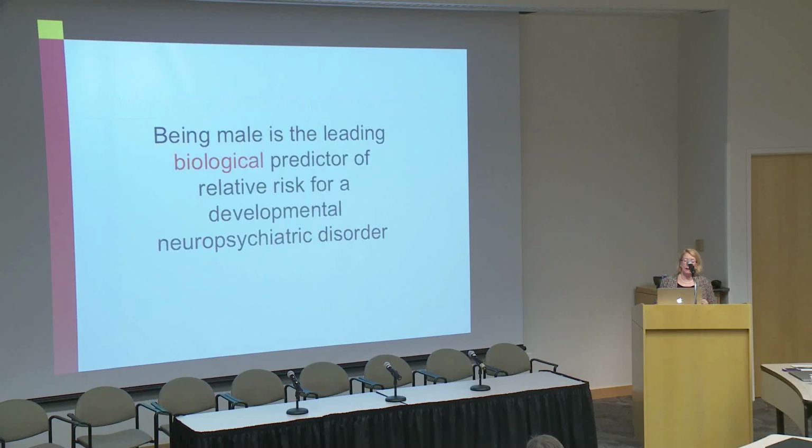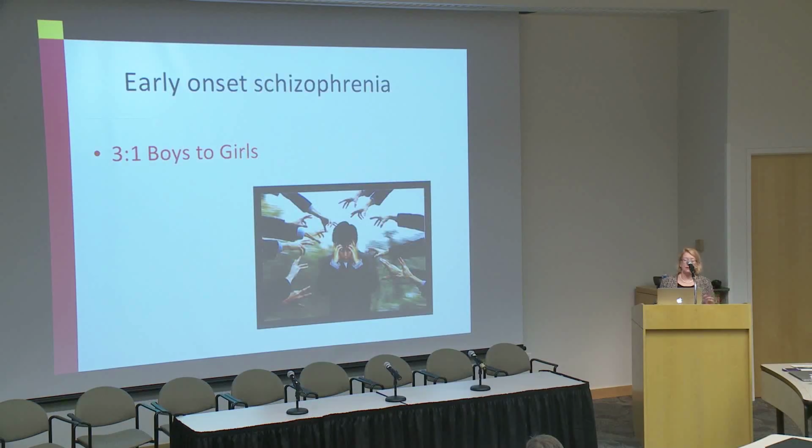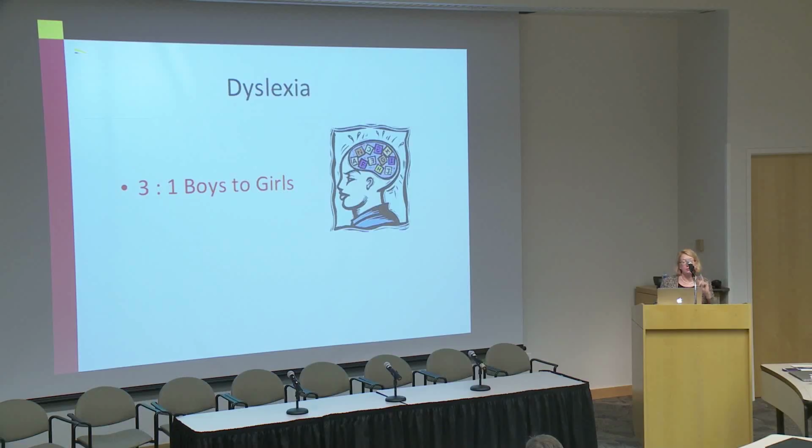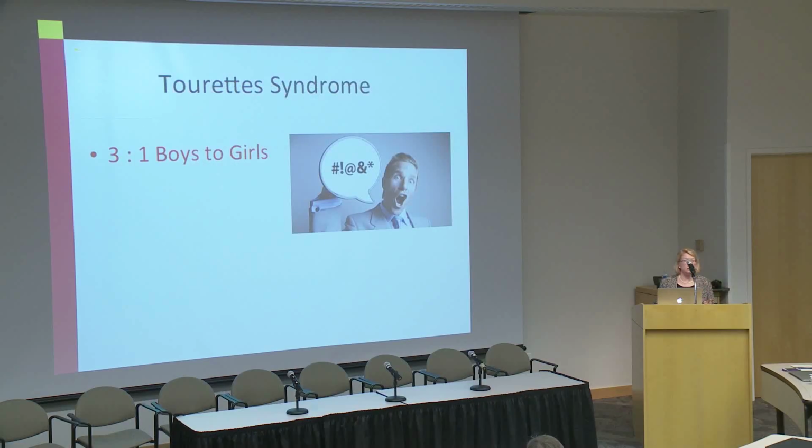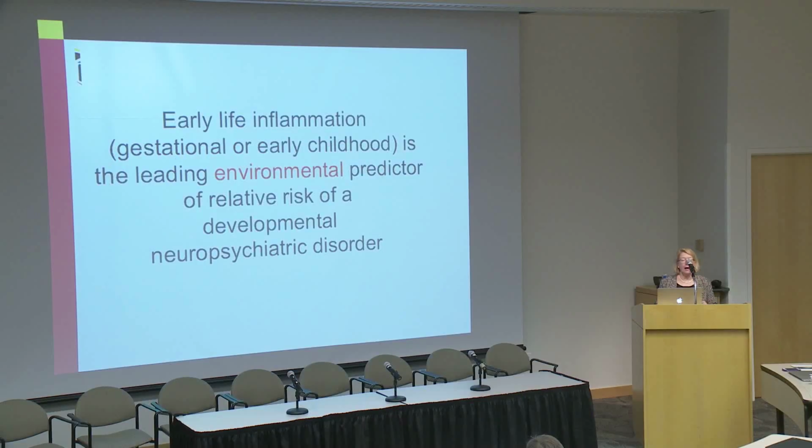So why might this be interesting? Just big picture idea, being male, as we've been learning about all day, is the leading biological predictor of your relative risk for developmental neuropsychiatric disorders such as autism, early onset schizophrenia, but also neurological disorders like dyslexia, attention deficit, stuttering, Tourette's, all kinds of disorders of wiring. And also early life inflammation, in gestation or early childhood, is the leading environmental predictor of your relative risk of a developmental neuropsychiatric disorder. So I'm leaving out genes, right?